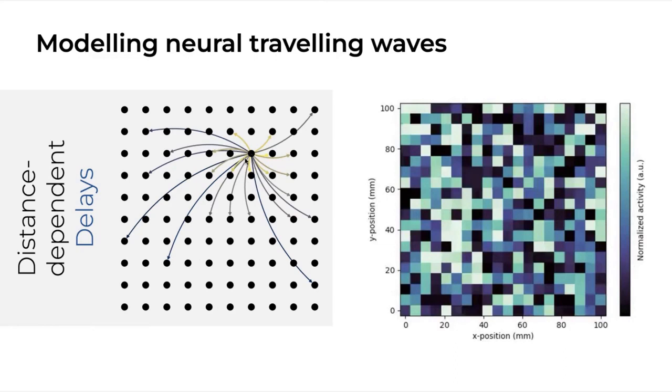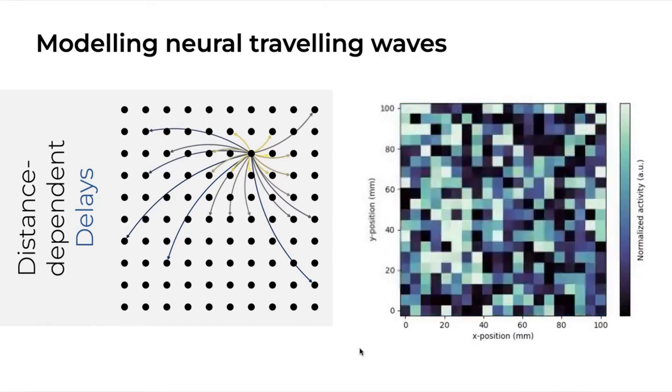In addition to that, the strength decreases if regions are far away, which is shown here in deep blue, and the connections are stronger if the regions are closer to each other, indicated here by yellow color. And on top of that, we have again distance-dependent time delays.